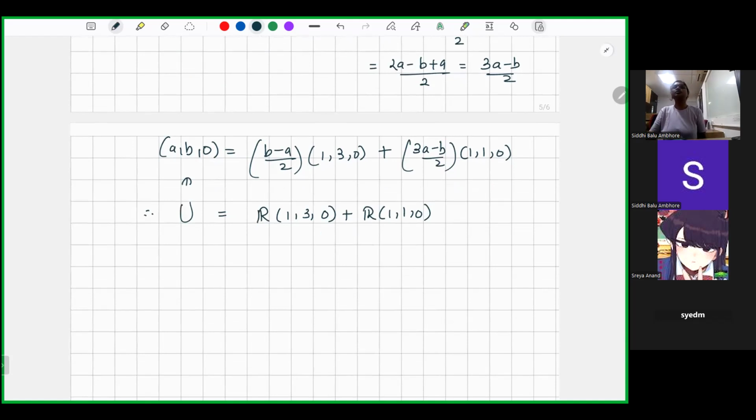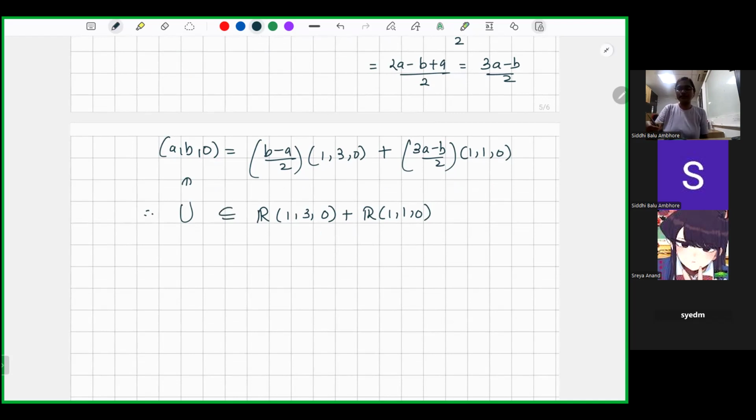Okay, so what this implies is that any element if I take from U belongs to this set.